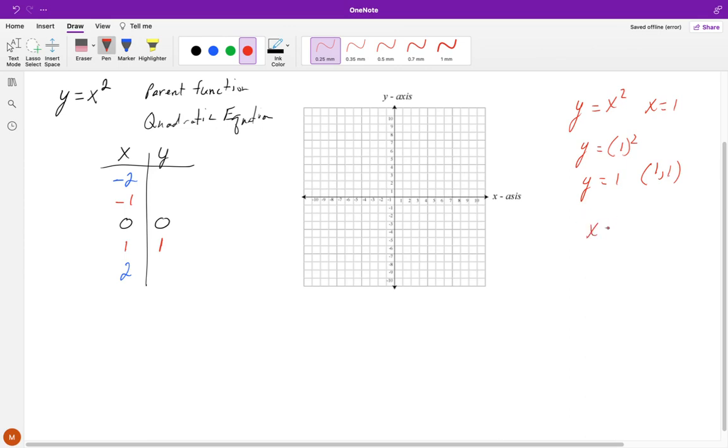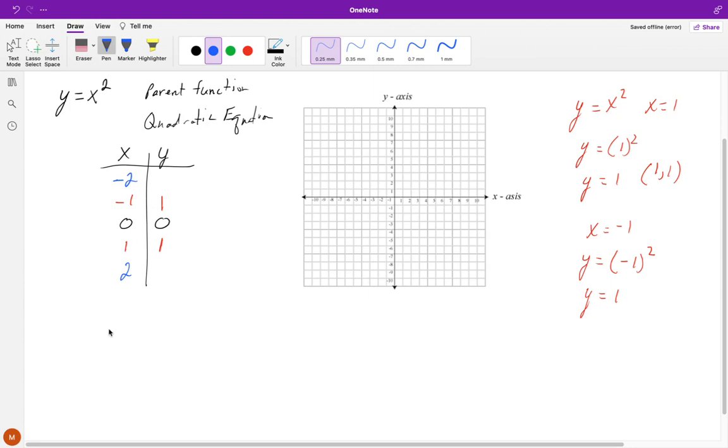So when x is equal to negative 1, as I said, I put them in the same color because you're going to see that y is equal to negative 1 squared, and negative 1 times negative 1 is also a positive 1. Since it's being squared, it's going to create this symmetrical parabola, which, once you get the hang of it, once you graph one side of this vertex, we can use that to generate the points of the other.